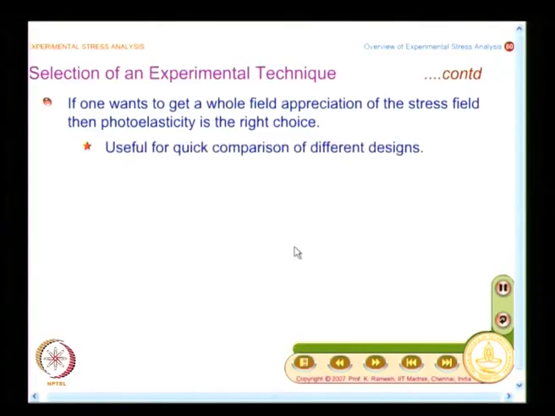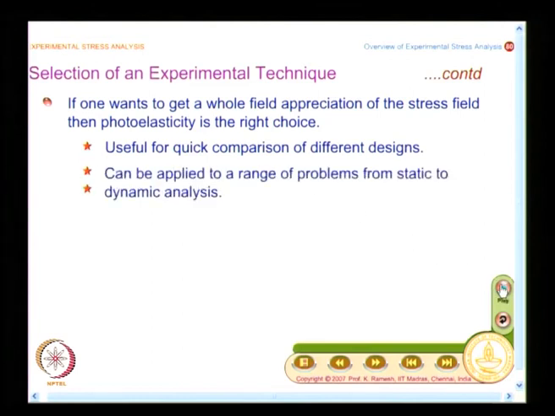We could see it for a circular hole, elliptical hole and a crack, and we could quickly appreciate that a crack is more dangerous. It gives you that information, you get a feeling for it. And we have also seen it is useful for quick comparison of different designs, which we have looked at. We have taken the example of streamline fillet.